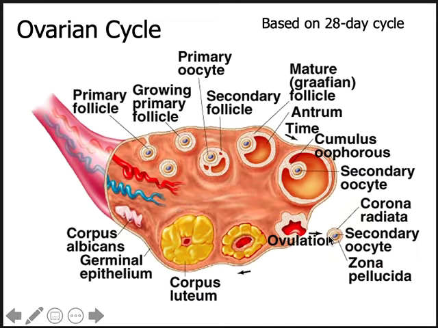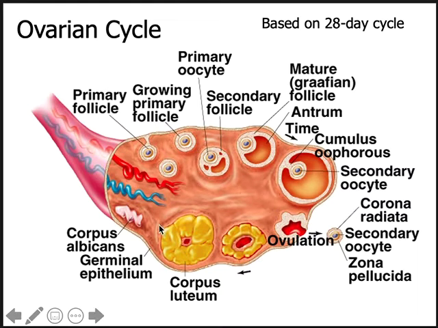Okay, and then that tissue that gets left behind develops into what we call the corpus luteum, and luteum means yellow. And of course corpus, corpse, or tissue, decaying tissue. And so the corpus luteum plays a very important role in releasing hormones, which we'll talk about in the second half of this lecture.